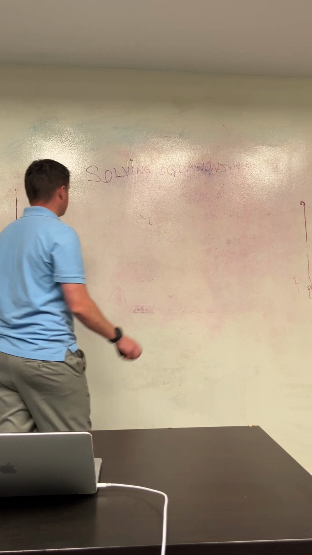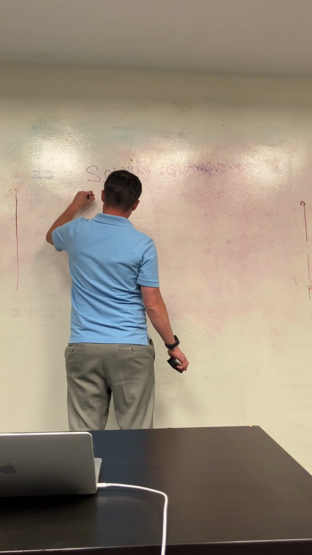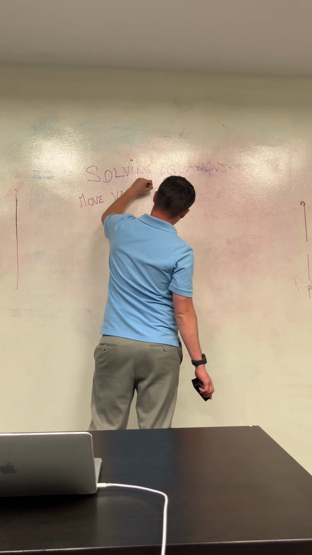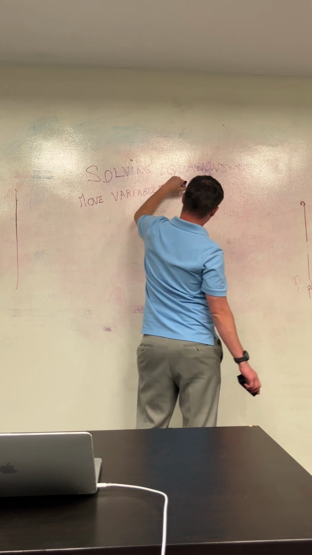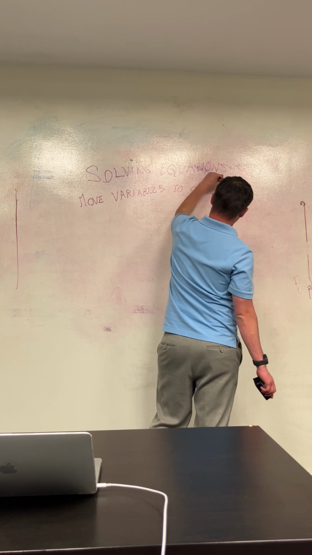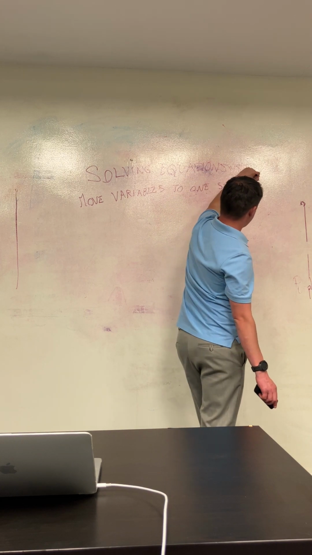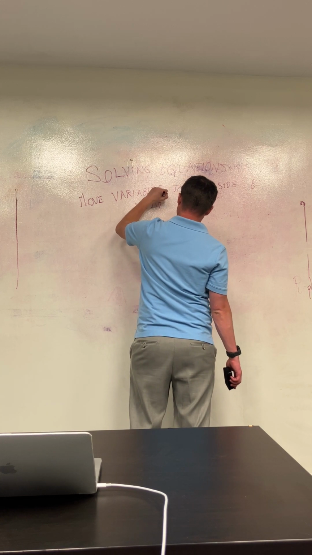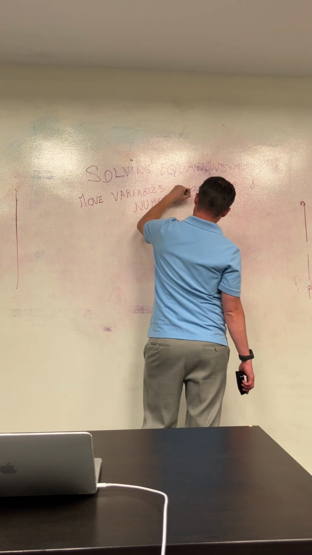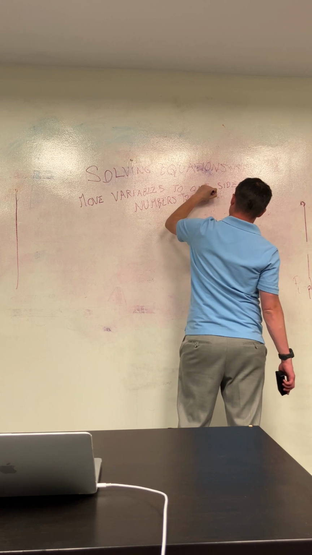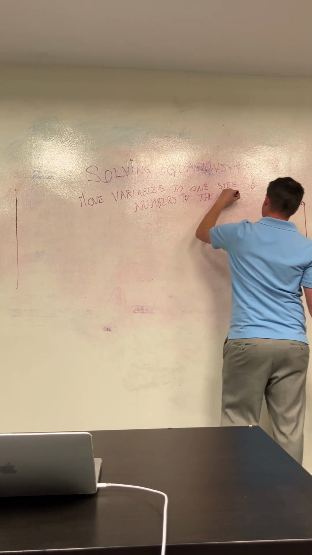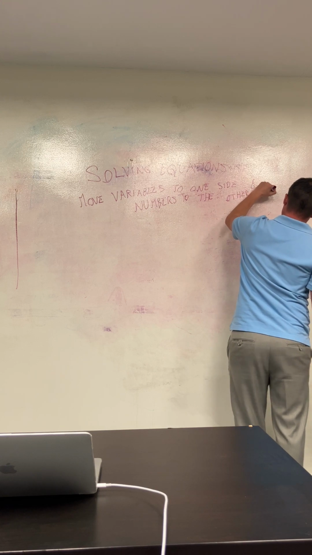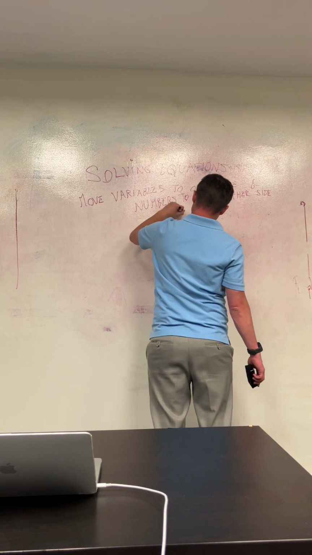What we do is move variables to one side and numbers to the other side, by doing the opposite operation.